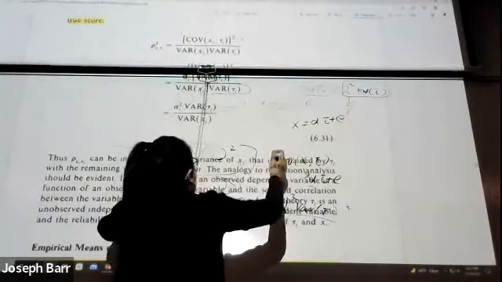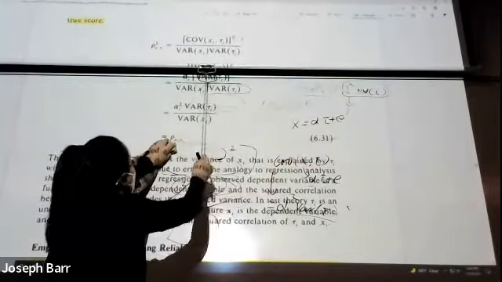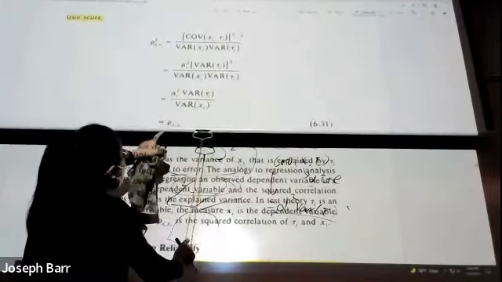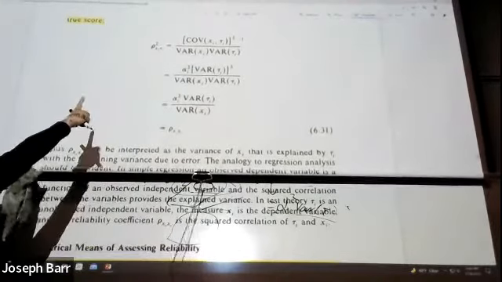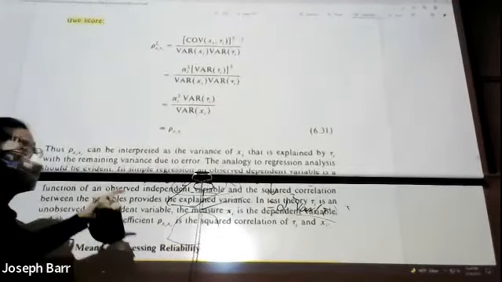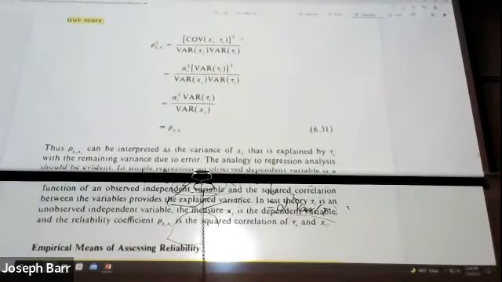So this is the reliability of x if we consider the alpha reliability. The reliability here is a squared correlation between the observed score x and the true score tau. We just proved that part. Good.